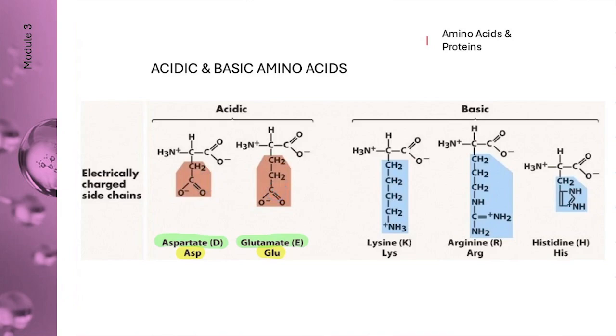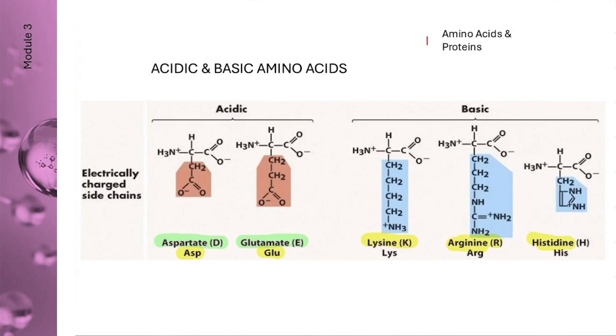Going to the basic amino acids, we have lysine, we have arginine, and we have histidine. Lysine, arginine, and histidine. Lysine is a K, it's also inconsistent. Arginine is an R, it's also inconsistent.